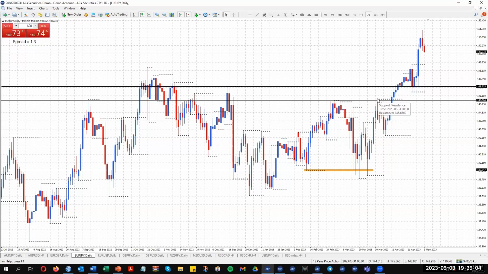So when price gets to there, the fact that that high is at 145.66 and that high is at 145.56, the fact that price goes through there 10 pips doesn't change the trend.